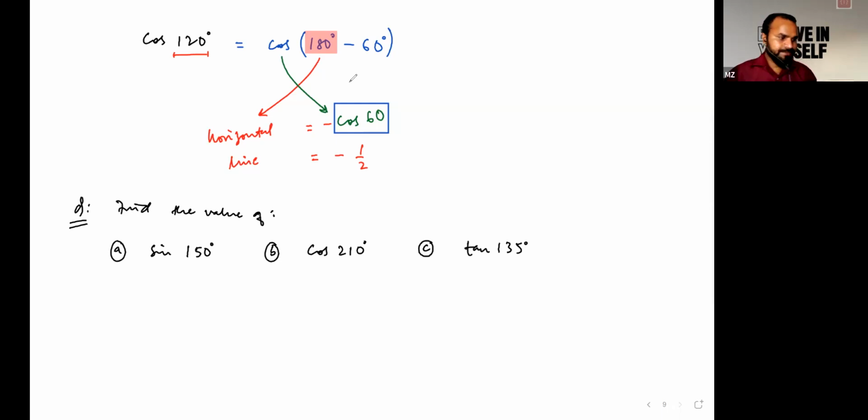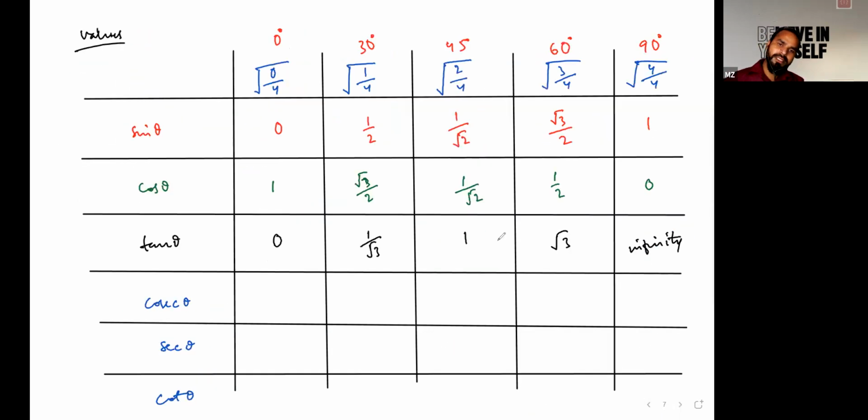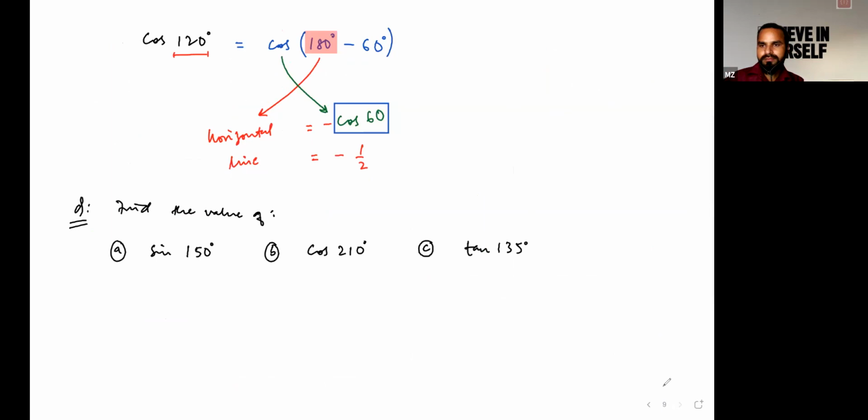Good, Rishan. Just use this table to define its values. Yes, you may write your answer in fraction.